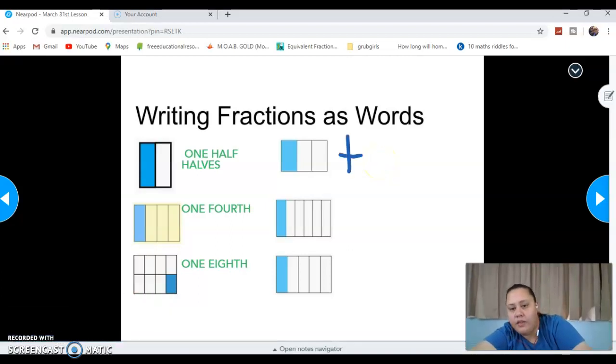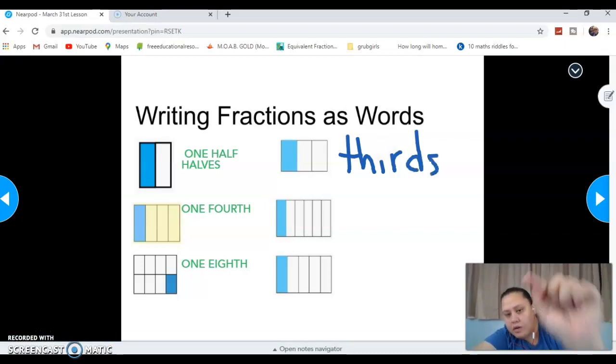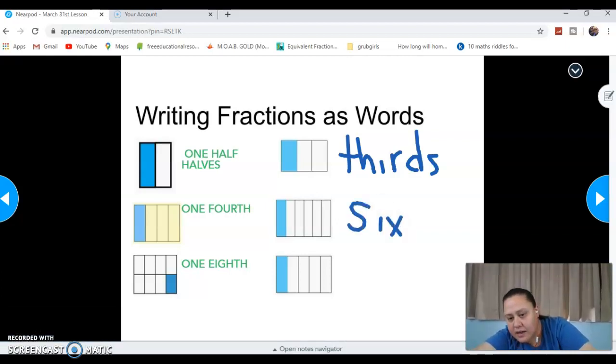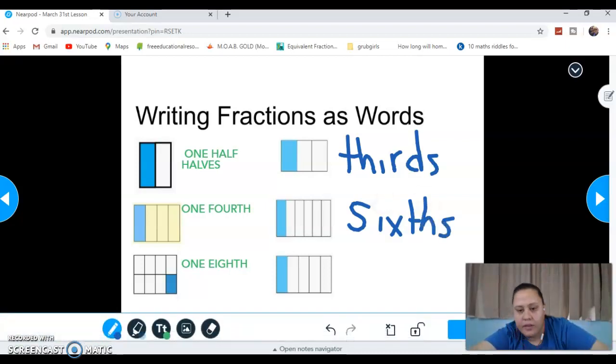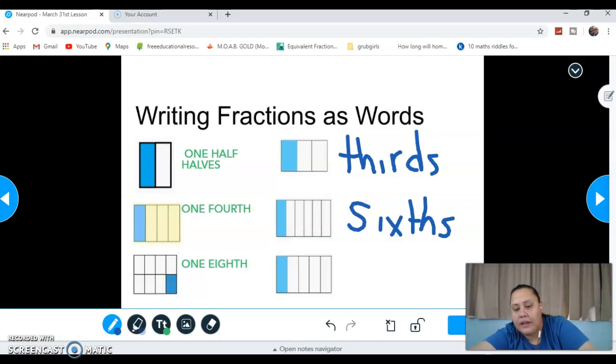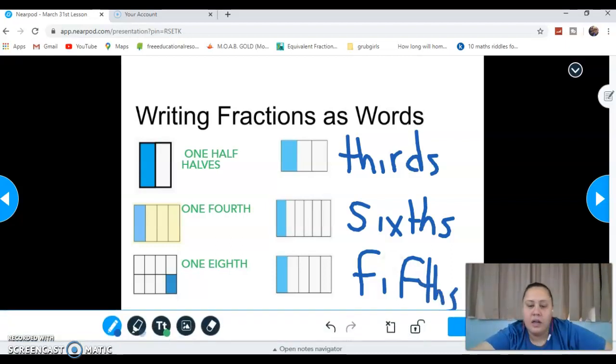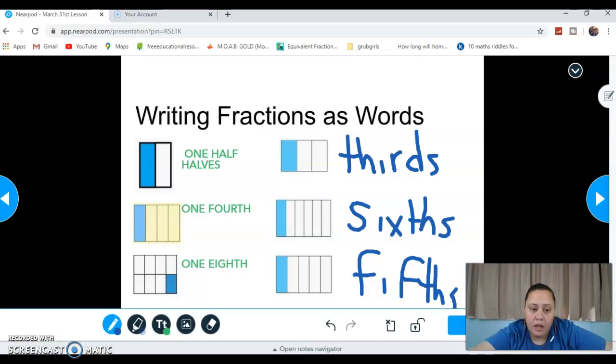These are thirds. These would be 1, 2, 3, 4, 5, 6ths. And I'm writing it because I'm running out of time and the typing is taking a little too long. And the last one I want you to focus on is fifths. Fifths. Okay? That's what I want you to focus on in your independent practice, and then there will be the exit slip for the day.